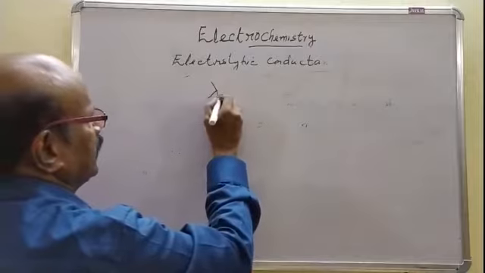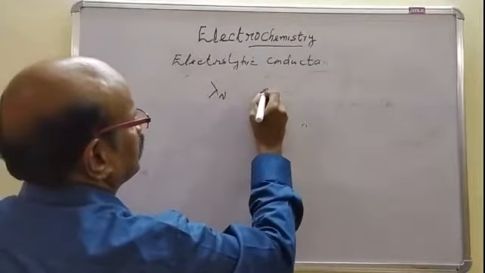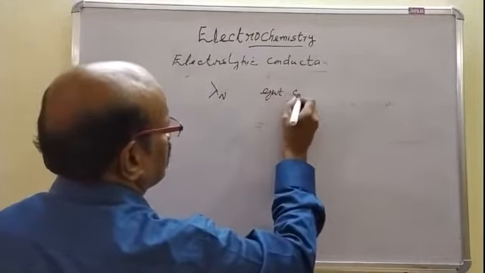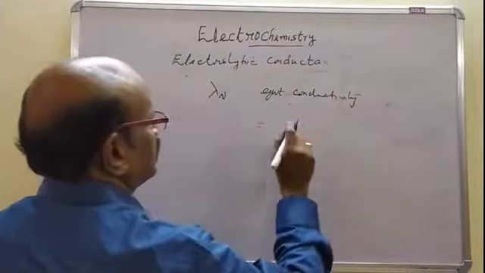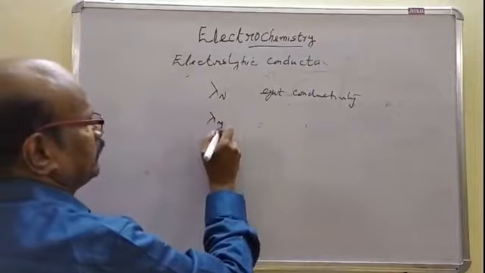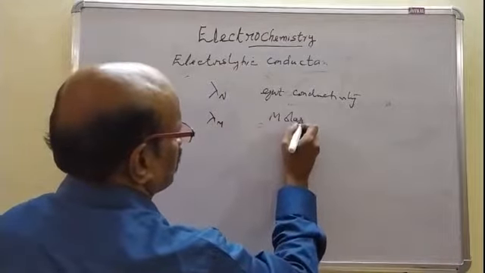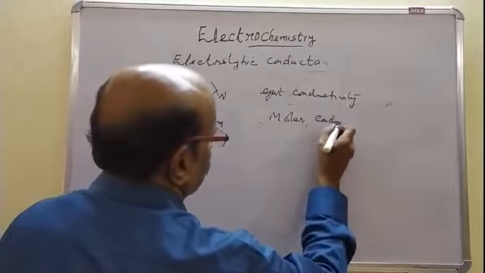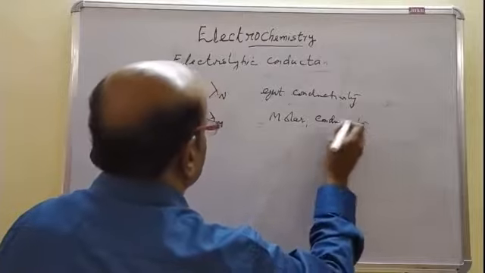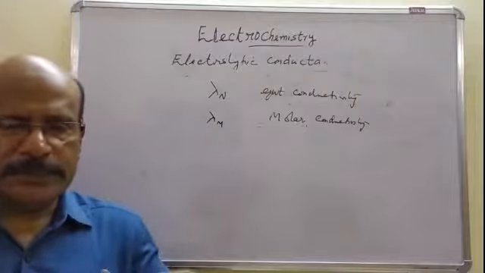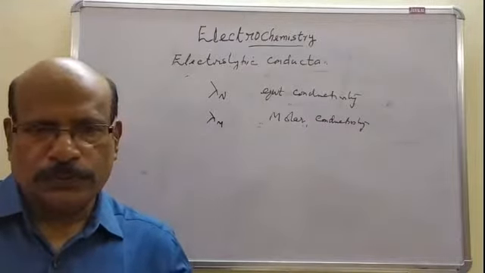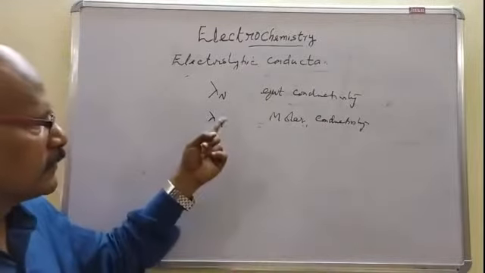One is lambda n, called equivalent conductance or equivalent conductivity, and the second is lambda m, that is called molar conductivity. As you know, equivalent conductivity is the conductance term related to normality as the concentration.